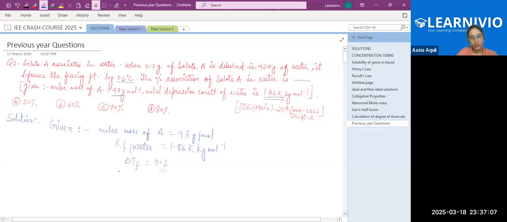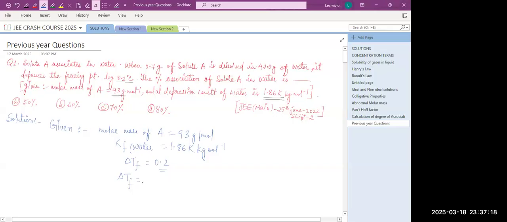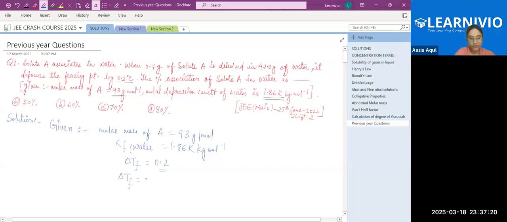0.2. So we know, what is the formula for delta Tf when Kf and molality are given? Kf into molality. Yeah, good. And just multiply it by the i factor: i into Kf into molality.